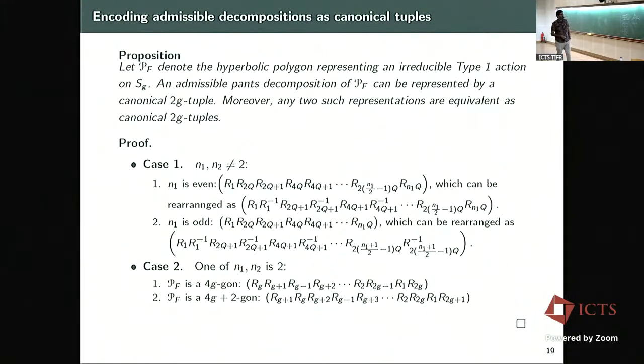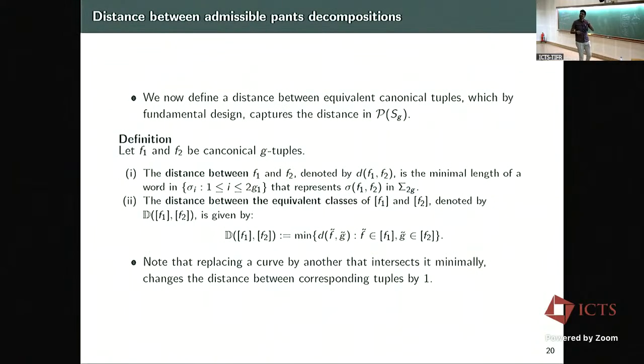Okay? Now what you can do is define a distance between these tuples in a very simple, algebraic kind of way. So what you can say is, the distance between F1 and F2 is the minimal length of a word, sigma I, that represents this in sigma 2G, written as a product of transpositions.